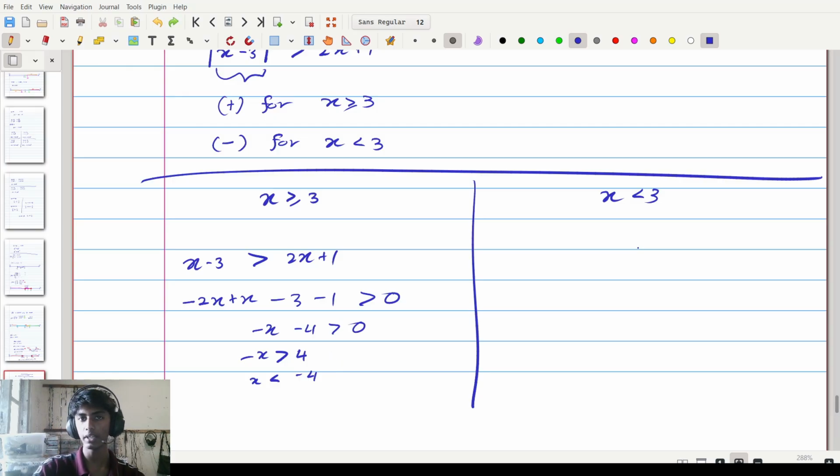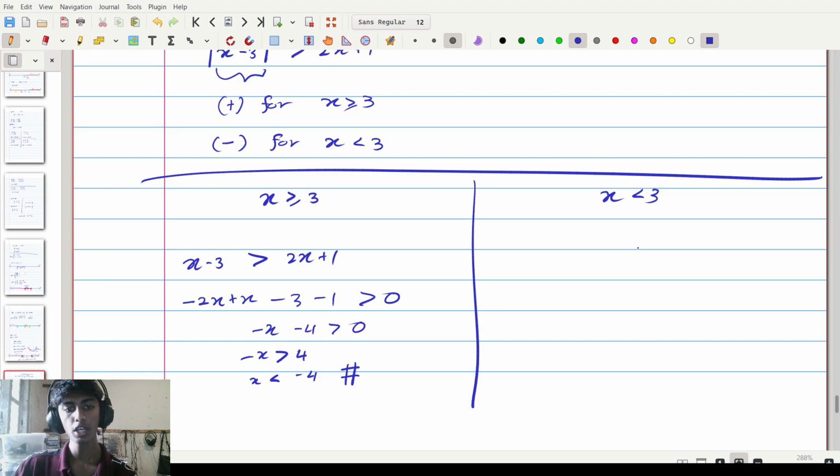Recall that if you multiply an inequality by a negative number, you need to swap the direction of the inequality. So this gives us that x has to be less than negative 4. So for x's greater than or equal to 3, x needs to be less than negative 4 in order for this equation to be satisfied, which is impossible.